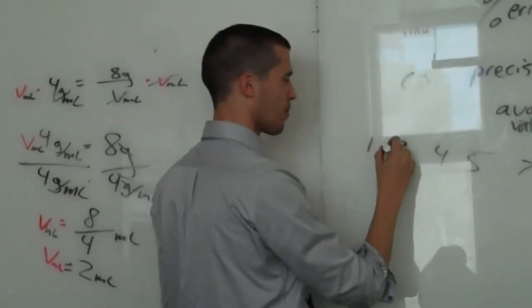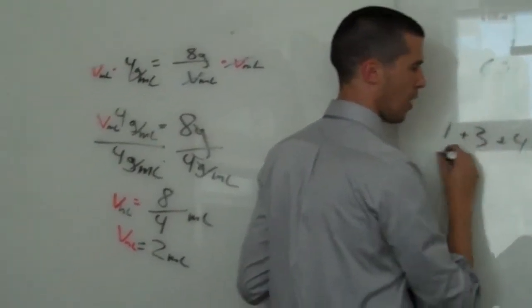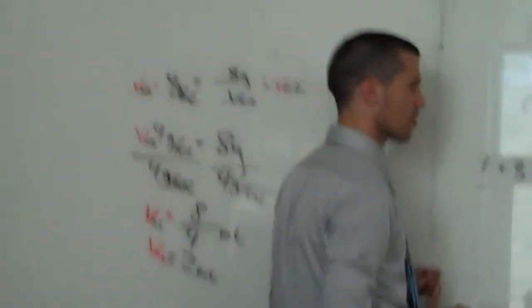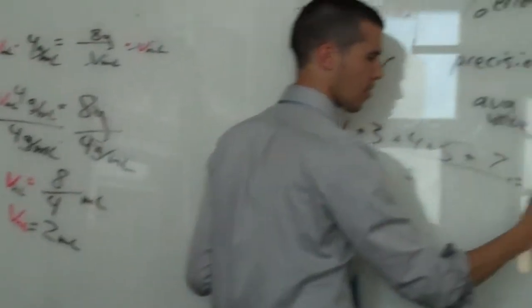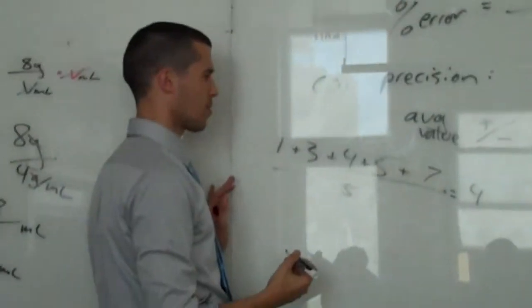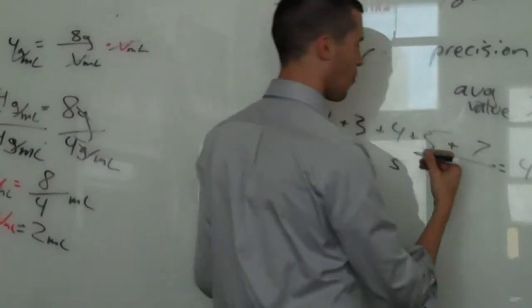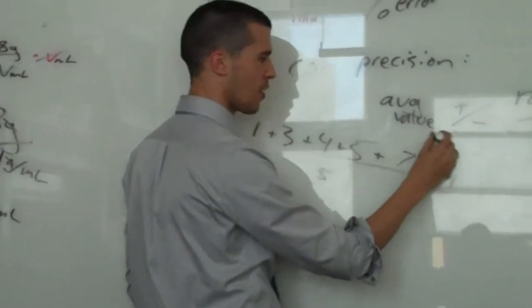You add them all up and divide by 5. You get 4. So that's the average value.